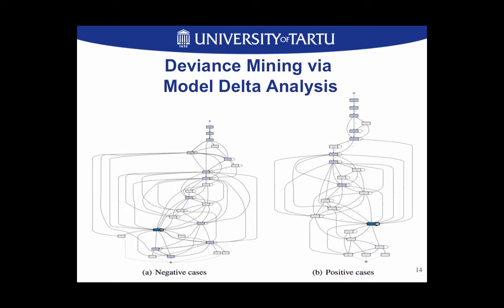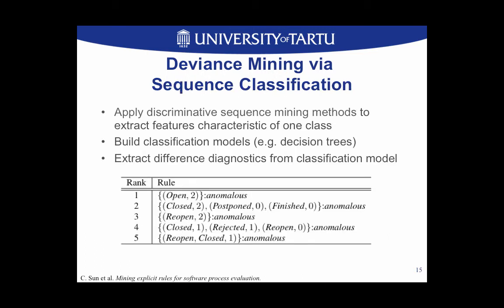Now, the people in data mining have been studying these discriminative mining problems for a while, and particularly there's a whole field called sequence classification, where you give sequences labeled as good sequences and bad sequences, possibly with payloads, and they will find features and rules based on these features that differentiate between the good ones and the bad ones.